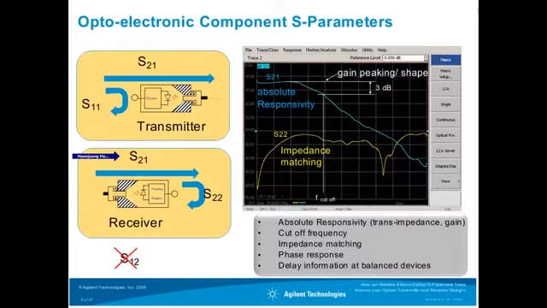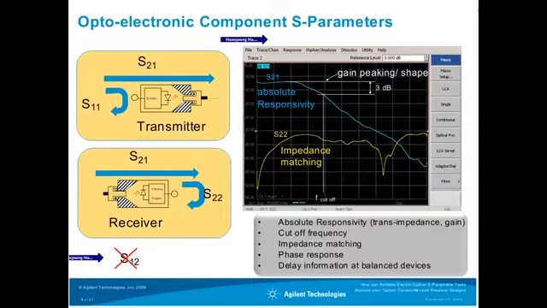On the receiver side, it might be a photodetector, or an integrated photodetector plus preamplifier. You also have the forward transmission, which is the conversion from the optical to the electrical domain, and similarly to a transmitter, you also have the electrical return loss. As with all optoelectronic components, they commonly do not have a reverse transmission. There's no S12, never.